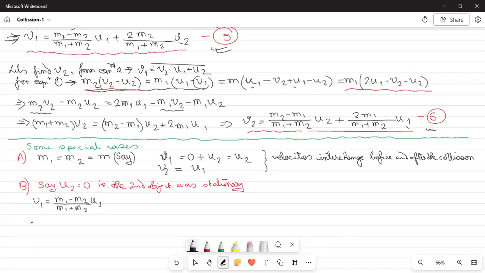Since u2 was 0, the equation of v2 is 2 m1 divided by m1 plus m2, into u1.